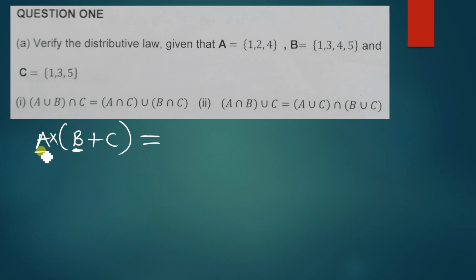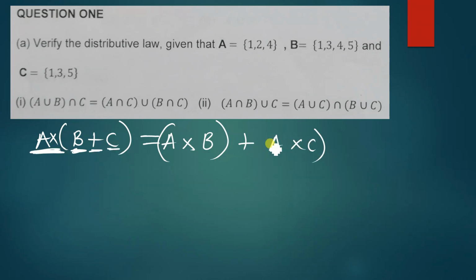So you write A times B in brackets, and then you say plus A times C. So this is how you distribute.